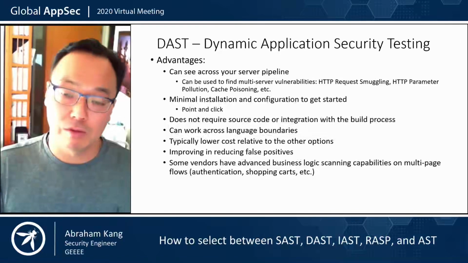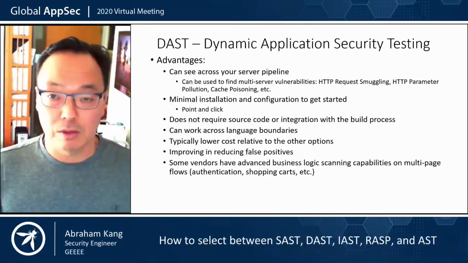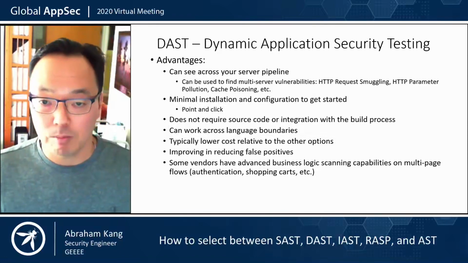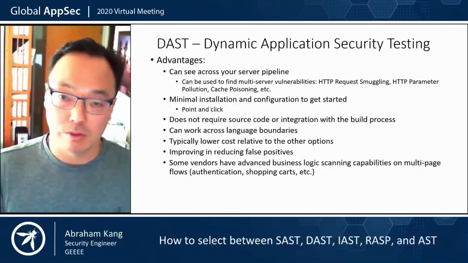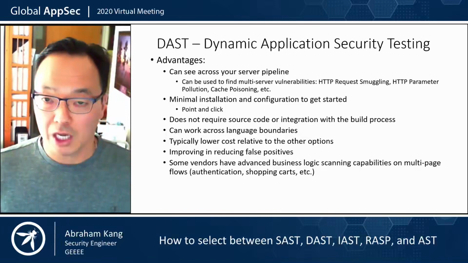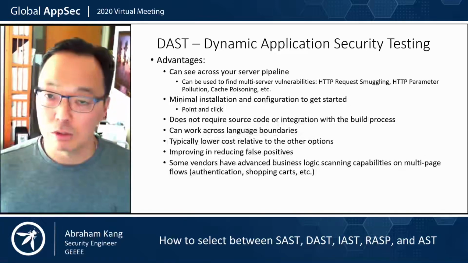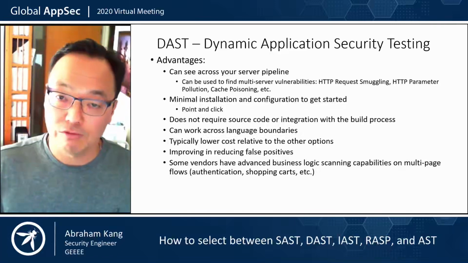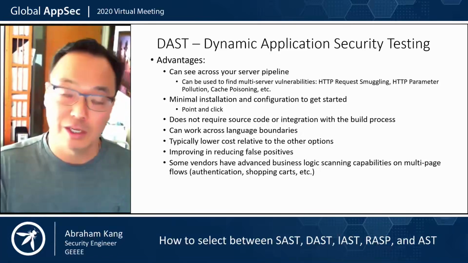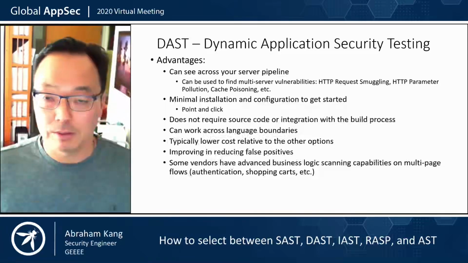And so it's going to find vulnerabilities that aren't going to be found by tools that are very focused on one component of that pipeline. So for example, HTTP request smuggling, or parameter pollution, or cache poisoning. These types of vulnerabilities won't be found by the other tools because they're very focused on just living in one of your servers instead of looking at that whole server pipeline.